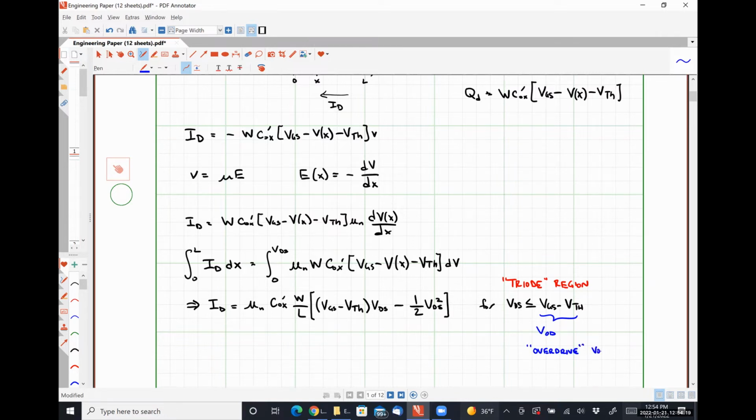This simply represents how far past inversion we've gone. We've gone beyond the point of turning the transistor on, and we've applied some amount of excess voltage. That's why we're calling it an overdrive voltage.